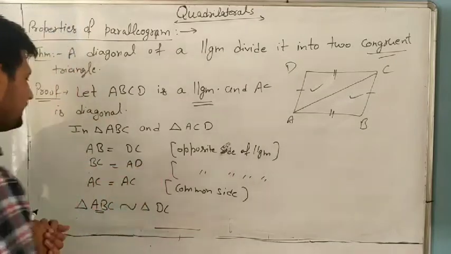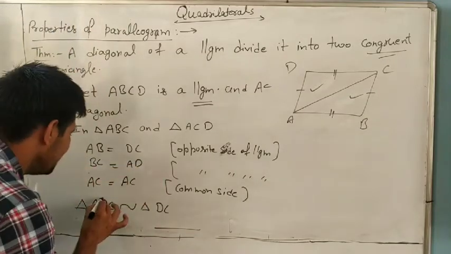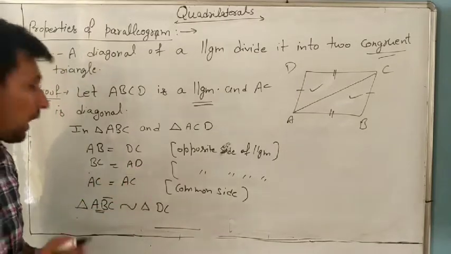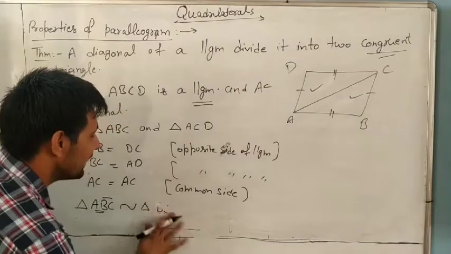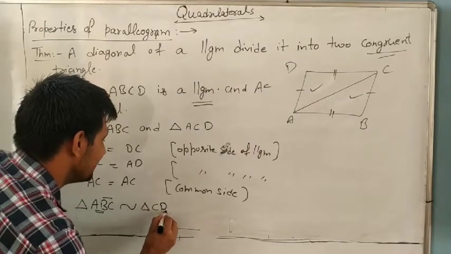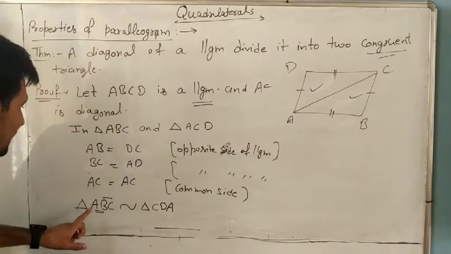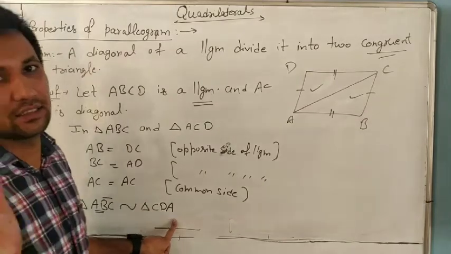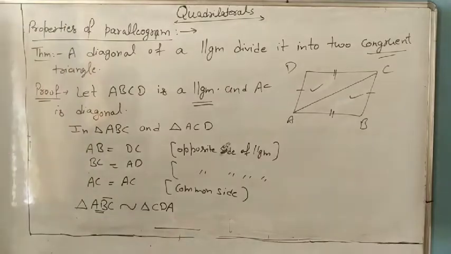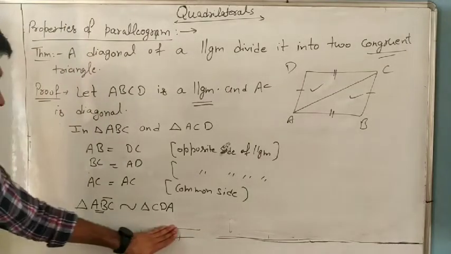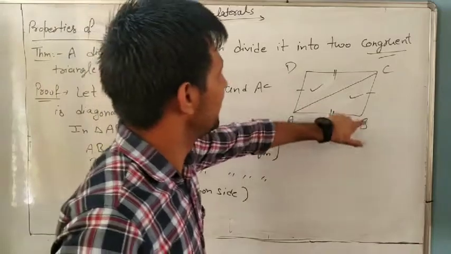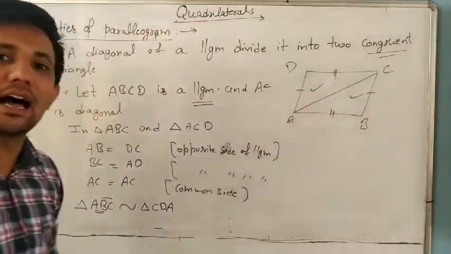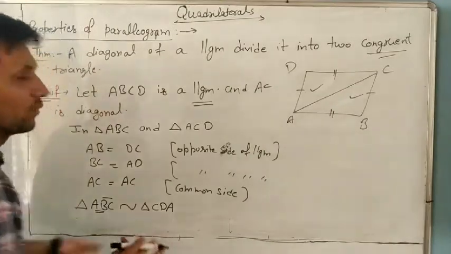BC is the last two, so the same as it is, AD is also the last two, so it should be written CD. Understand it? Now AC, first and last, the same as it is. So these two triangles are congruent: ABC and CDA. Both triangles are congruent.